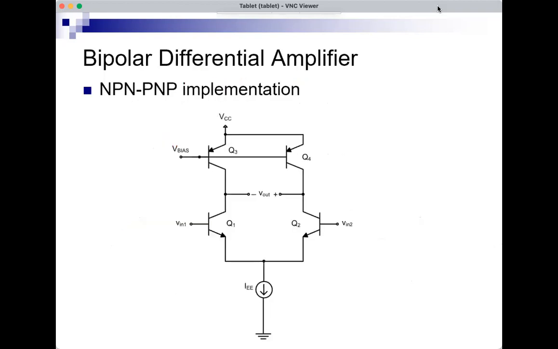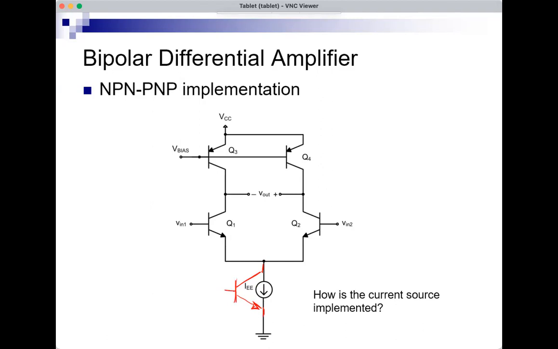Here's an example of an implementation of a BJT differential amplifier using NPN and PNP BJTs. So how can we implement such a current source IEE also using bipolar transistors? We can implement it using a simple current mirror. So this IEE can be really a BJT here, and IE would be its collector current.